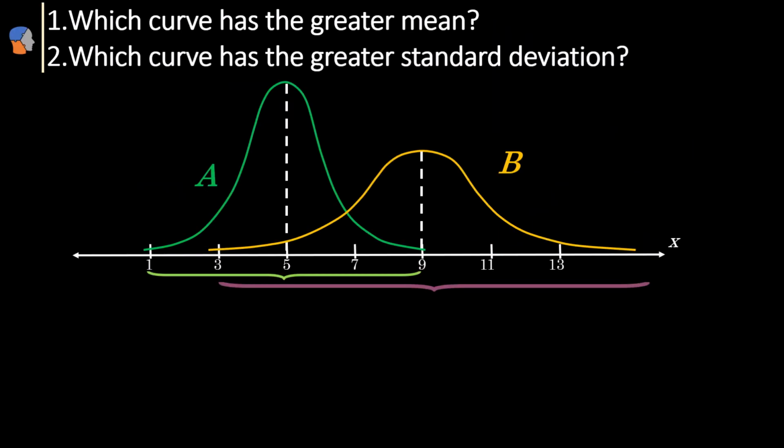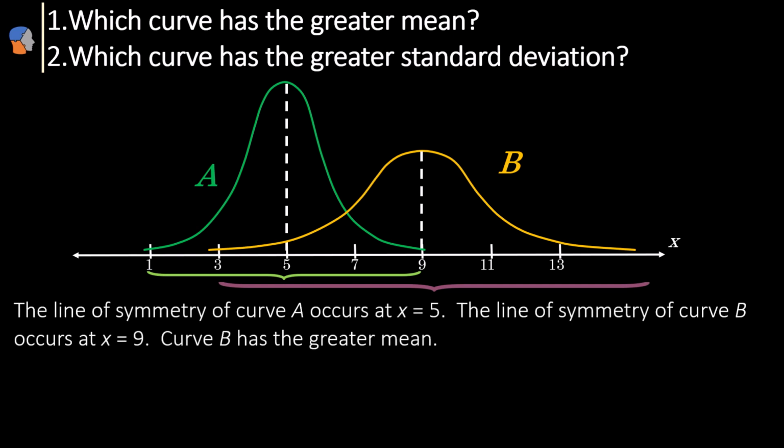Which curve has the greater mean? Yes, there are two curves A and B. The line of symmetry of curve A occurs at x equal 5. The line of symmetry of curve B occurs at x equal 9. Therefore, curve B has the greater mean. Right, second one. Which curve has the greater standard deviation?